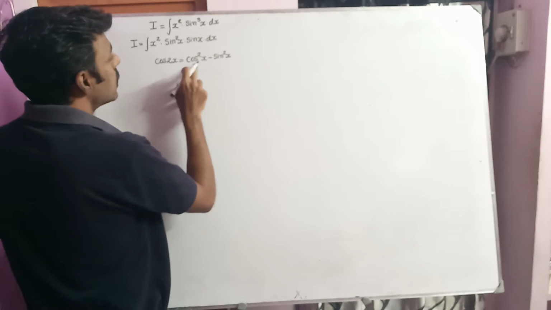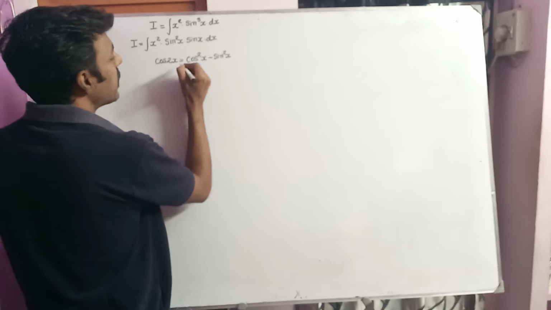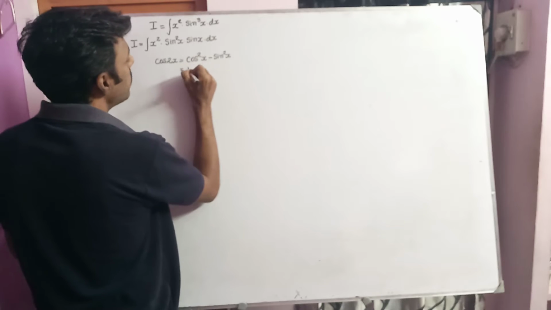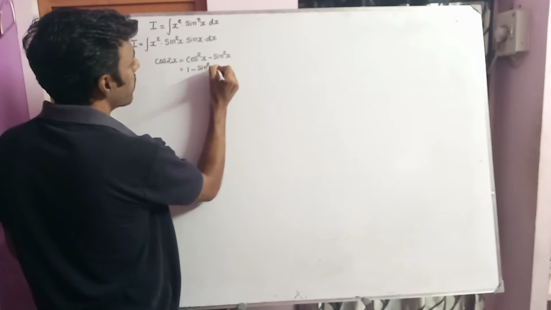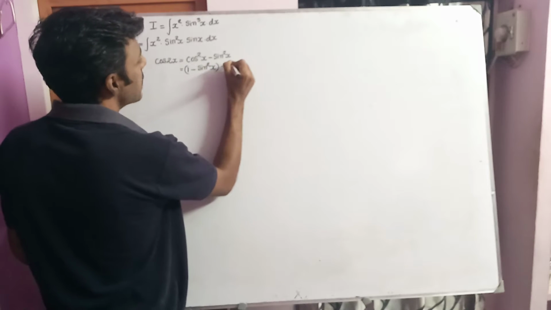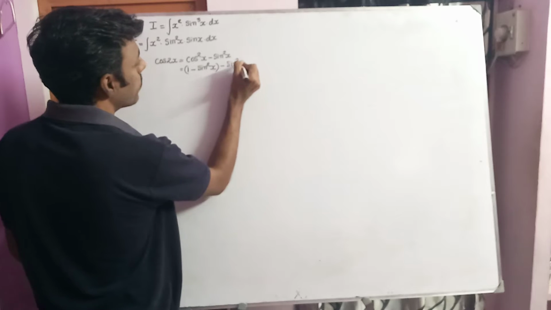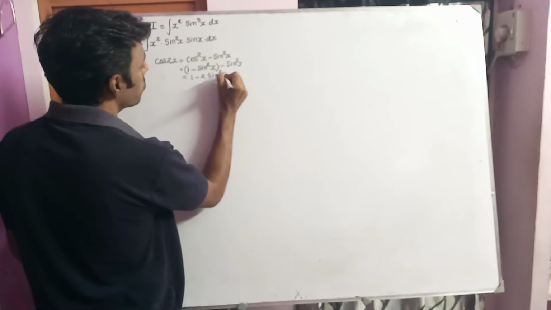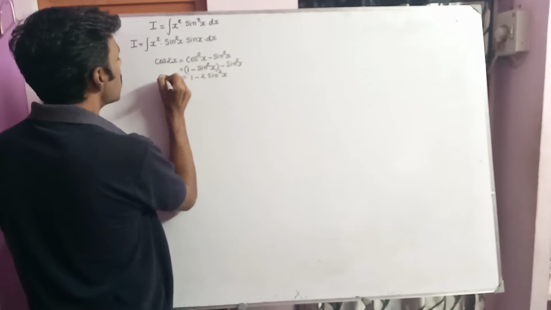This cos squared x can be written as 1 minus sine squared x, minus sine squared x, which is equal to 1 minus 2 into sine squared x, which is nothing but cos 2x.